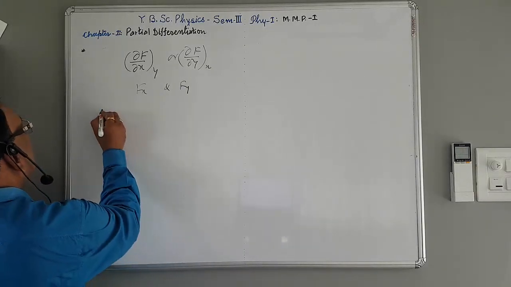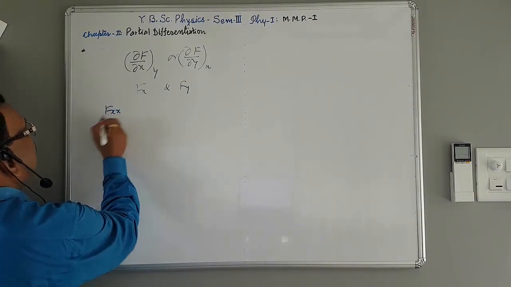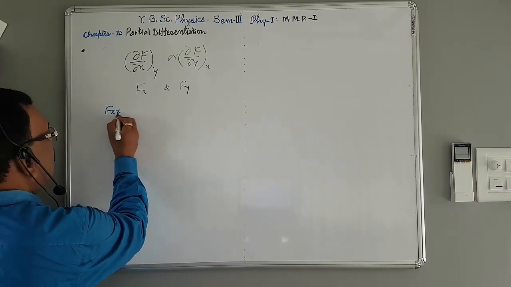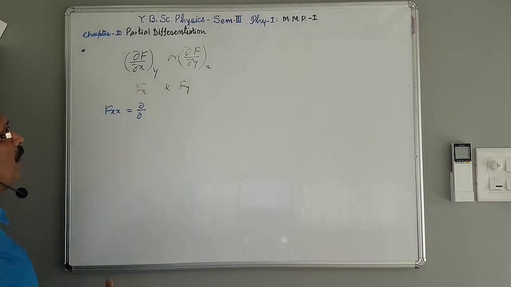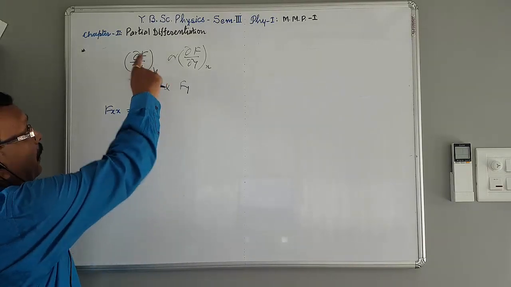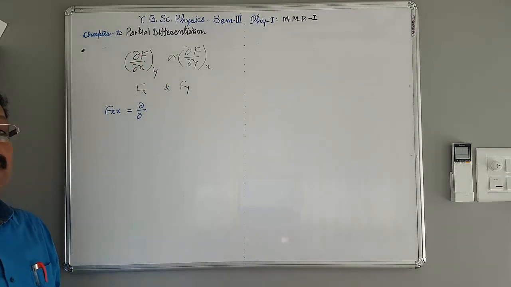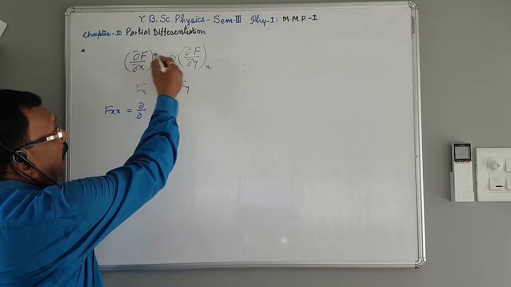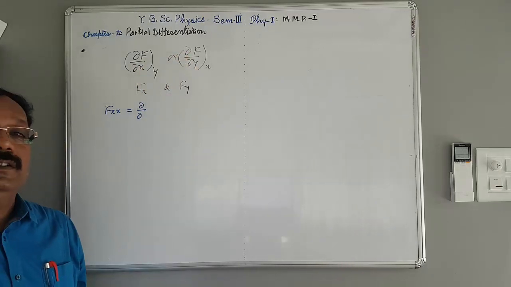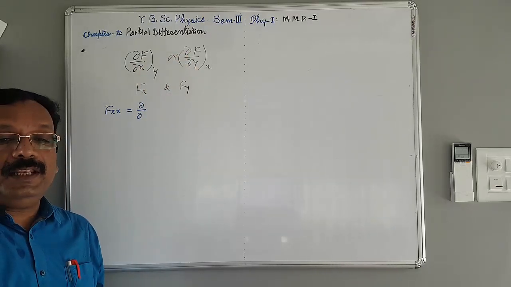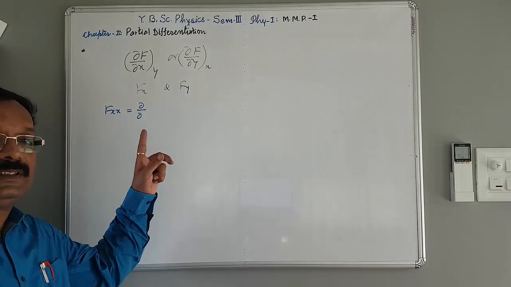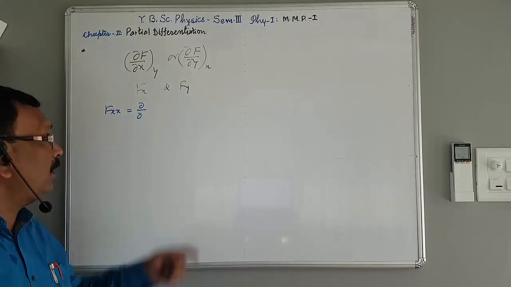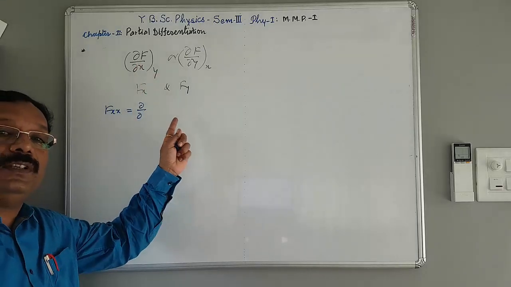That means fxx. What is the meaning of this? It means we differentiate again. Note that the function f has two variables, x and y, or f is a function of x and y.